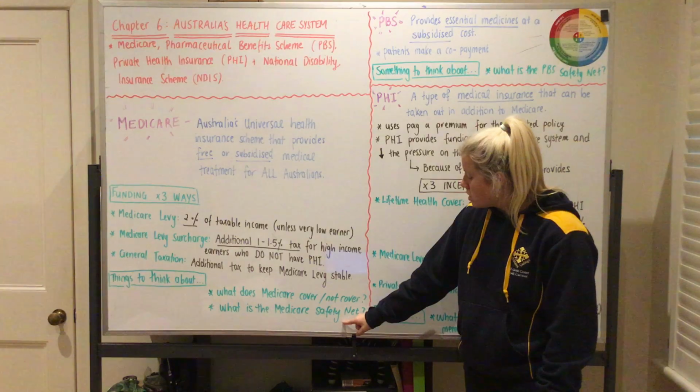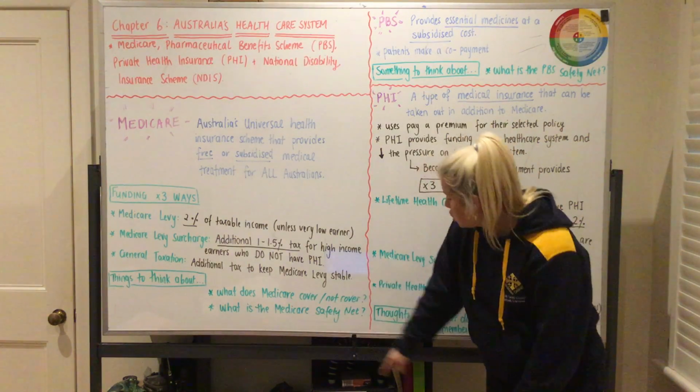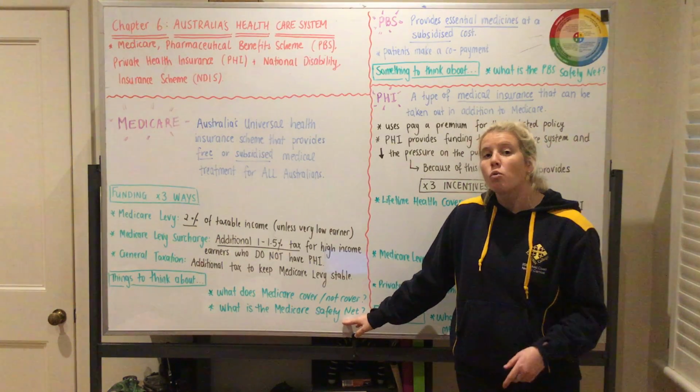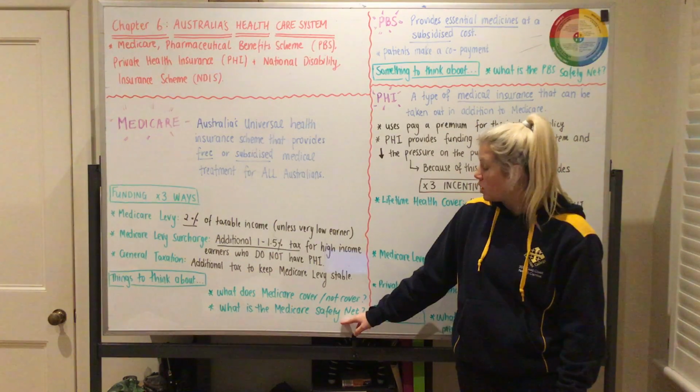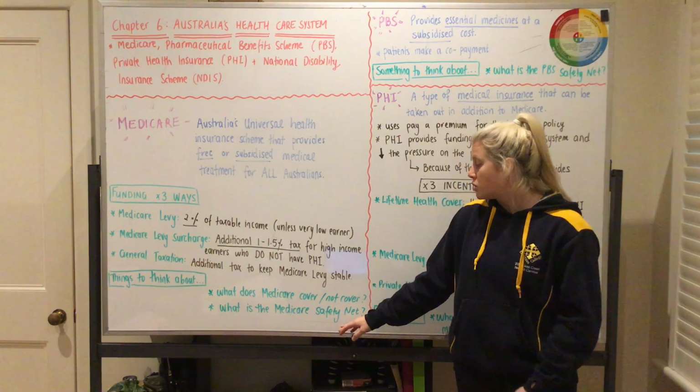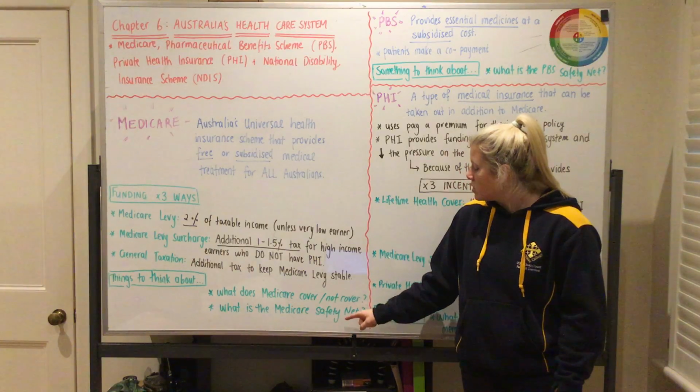The other thing you need to think about is this term here called the Medicare safety net. You need to know what this is. It's very important in terms of making Medicare equitable, so helping out those in need. So what we've got is a safety net.